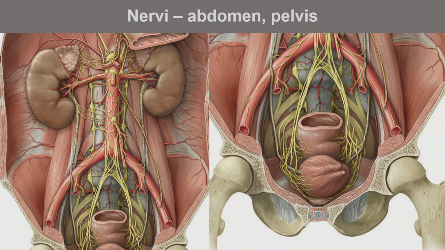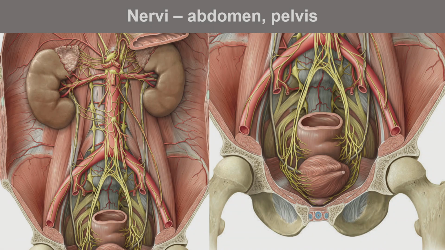The last 15 minutes are about the nerves. This is quite complicated. Here I would like to tell you about the basic principle of the nervous supply of the abdominal organs. You can see here those yellow structures.